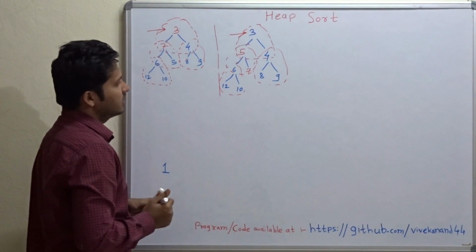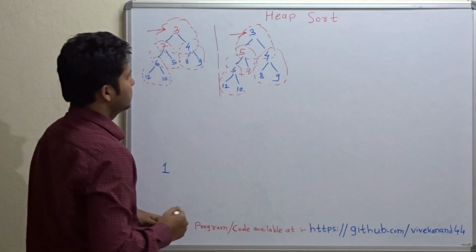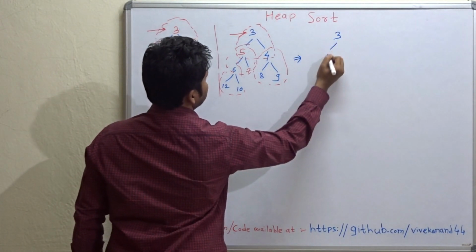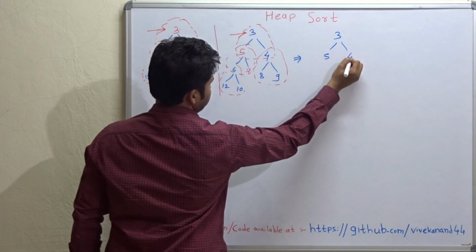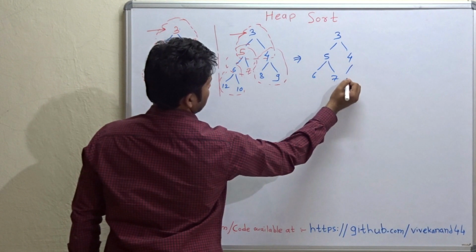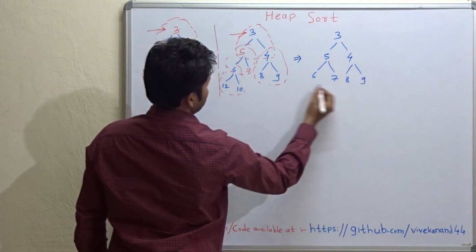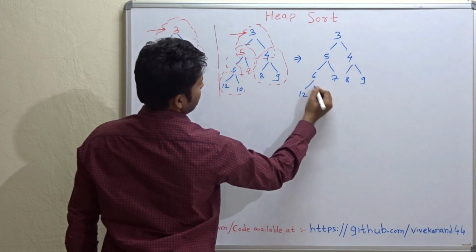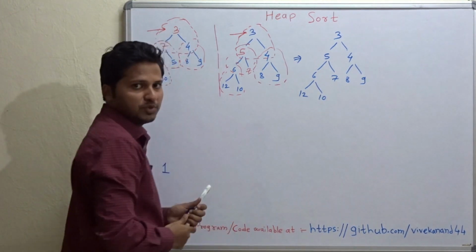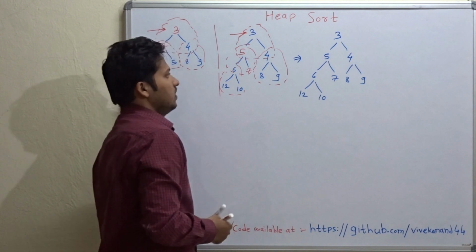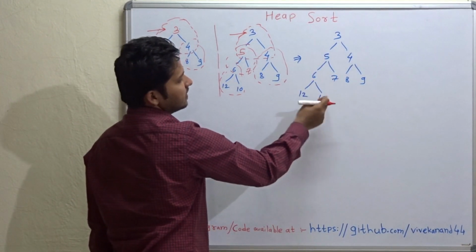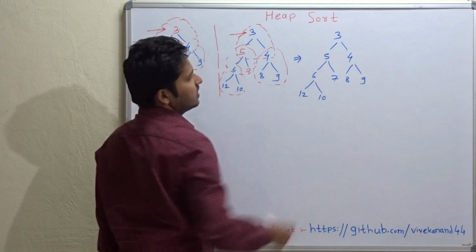So now let us check. First we will write it clearly and then we will check it. And 10. So let's check each element whether it satisfies the heap condition or not. So 3 is less than 5 and 4, 5 is less than 6 and 7, 6 is less than 12 and 10, 4 is less than 8 and 9.